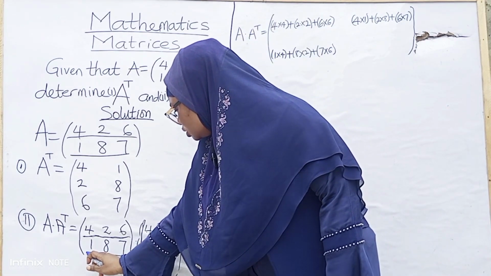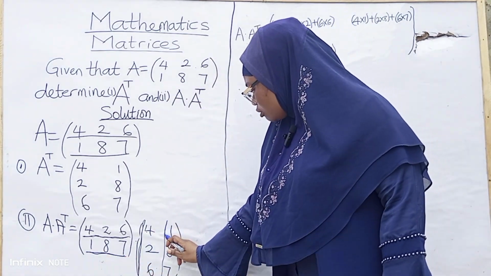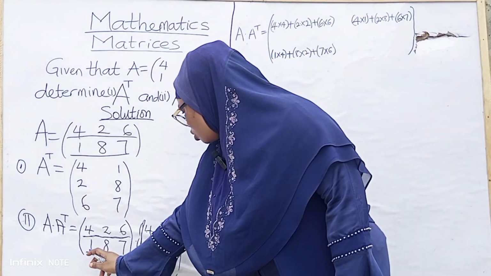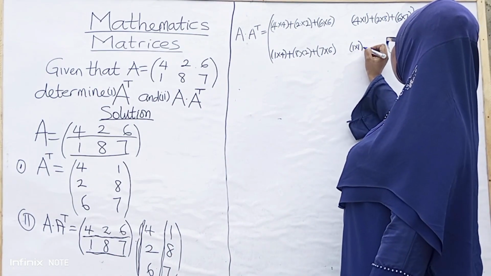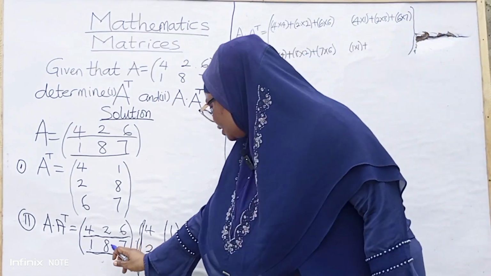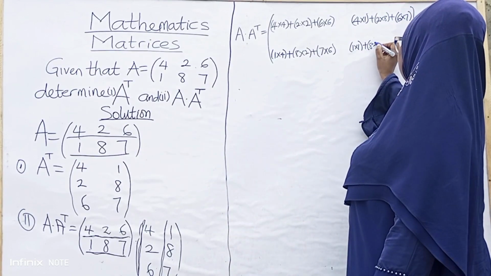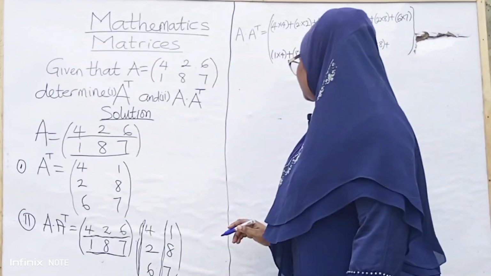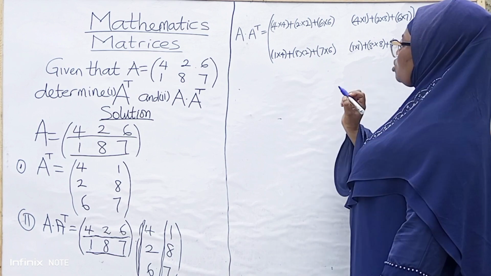We are still on the second row of the first matrix, and we are multiplying it now by the second column of the second matrix. So 1 multiplied by 1, plus 8 multiplied by 8, plus 7 multiplied by 7. So we are done with that.